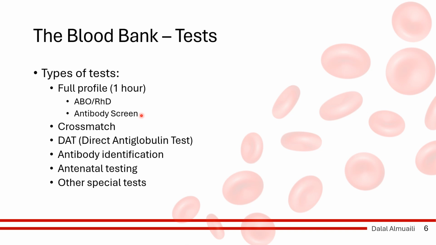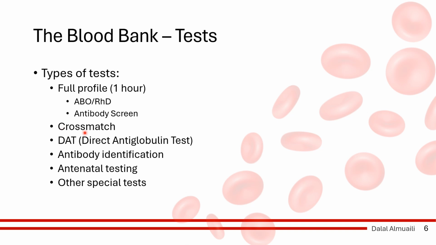And as a consequence of this coming up positive, we will need to perform another test known as an antibody identification, to be able to identify what the antibodies are, to be able to prepare blood for your patients.